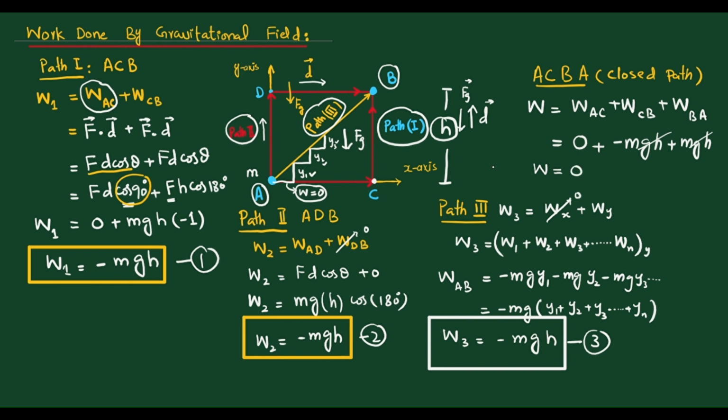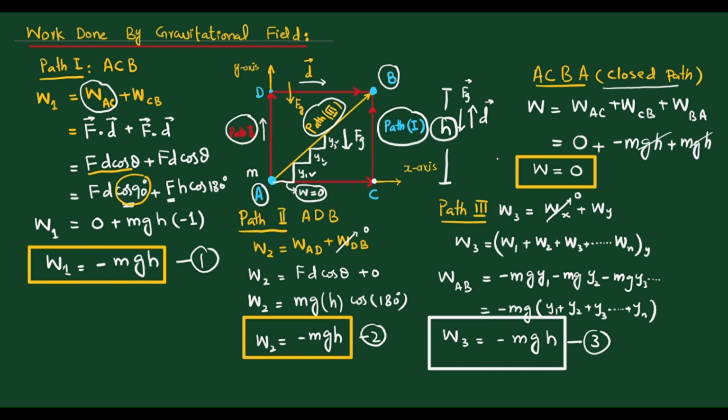If we calculate the work done in a gravitational field in a closed path, the work done will be equal to 0. These two conditions, that the work done is path independent and that the work done in a closed path is equal to 0, are satisfied by a conservative field.